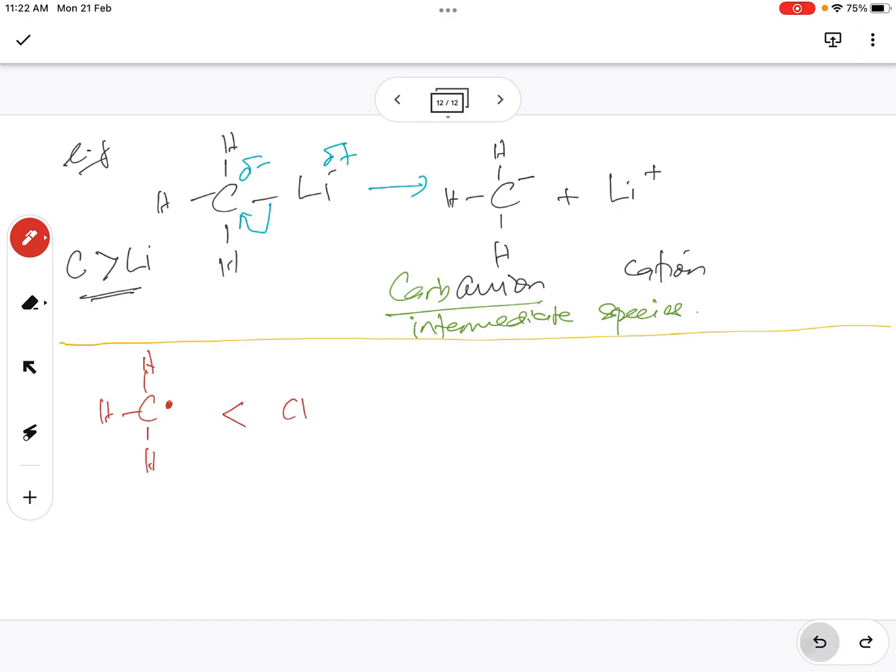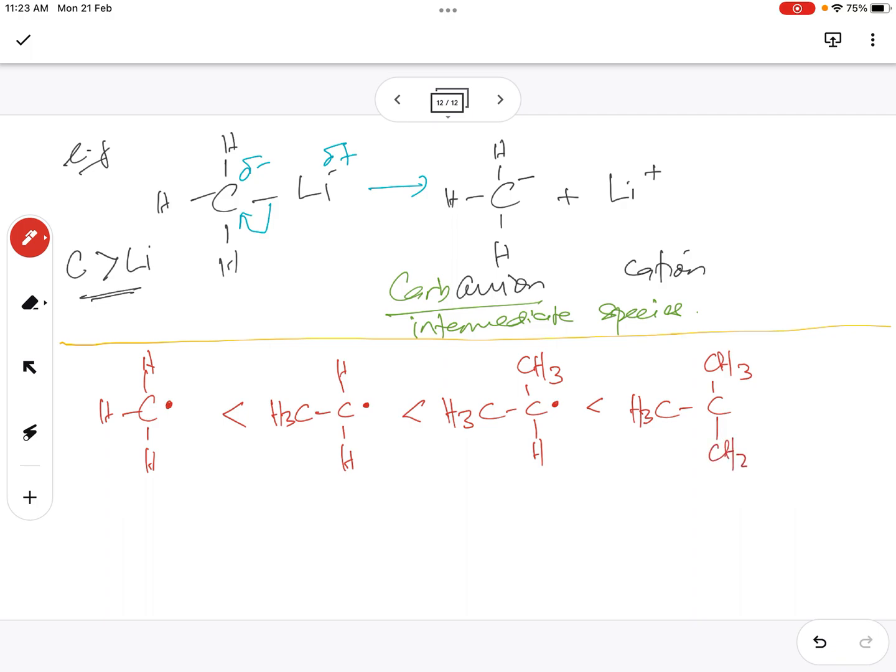CH3 radical, and then primary radical, and then secondary radical. Okay. Can you see what I write on the slide number 12? Boleh nampak ke?